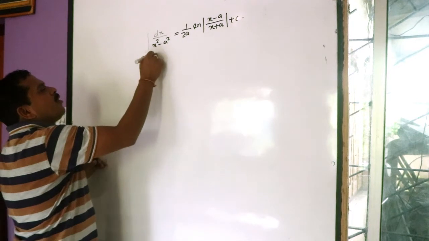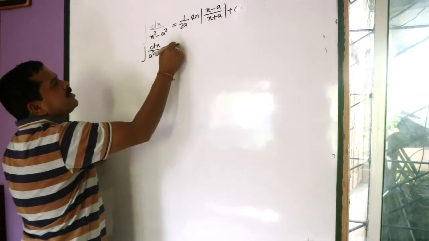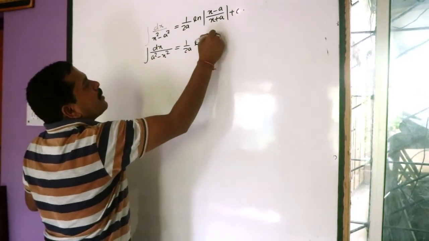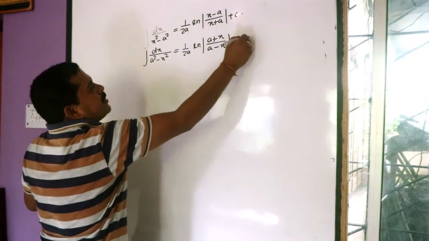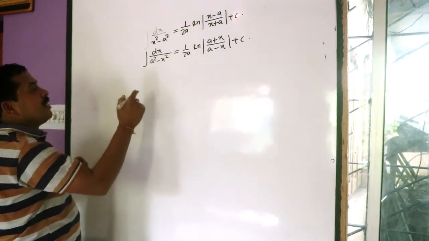And another formula is integration of dx by a square minus x square, which is equal to 1 by 2a log |a plus x by a minus x| plus c. You can prove these two formulas easily.